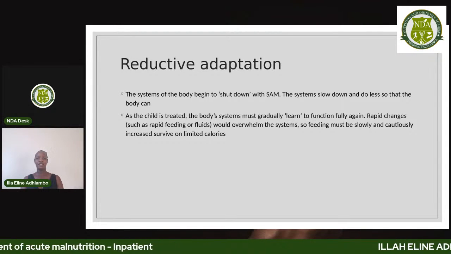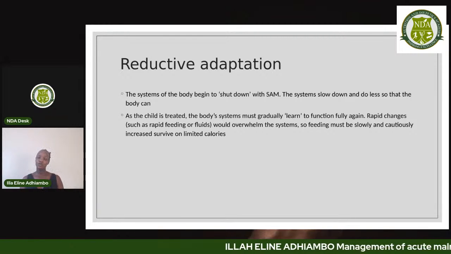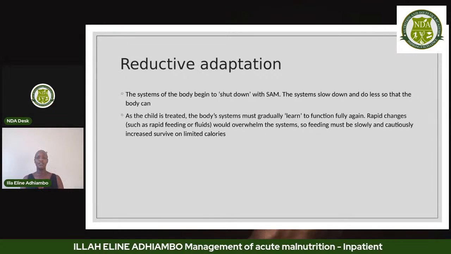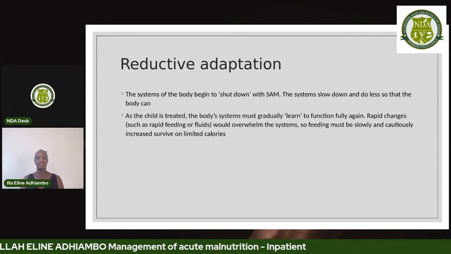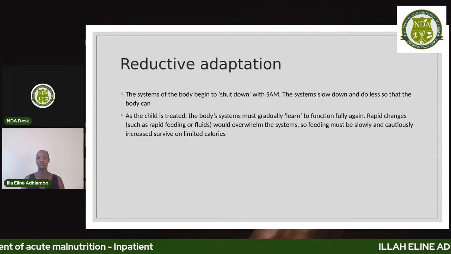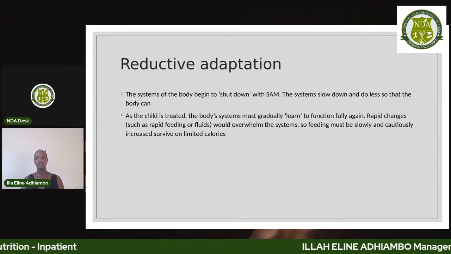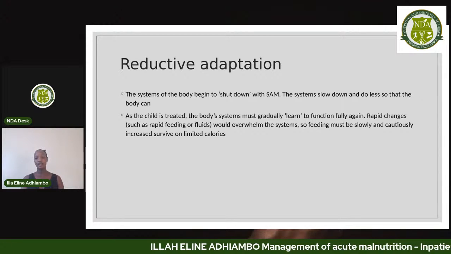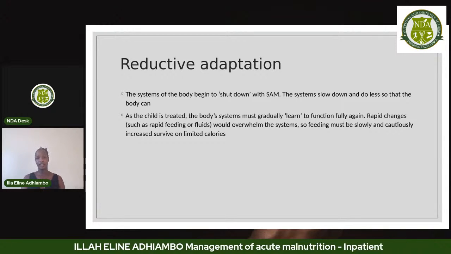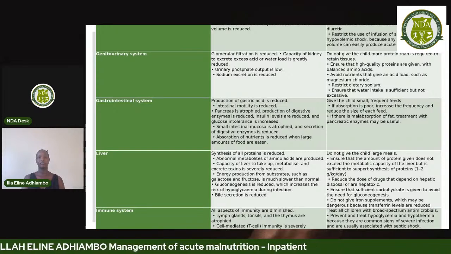We have to give time for the baby's system to start working properly once again. There are rapid changes. If you give too much water, it's going to cause problems. If you give too many calories, it will give problems. So you have to be very cautious in how we handle this child to prevent reductive adaptation.